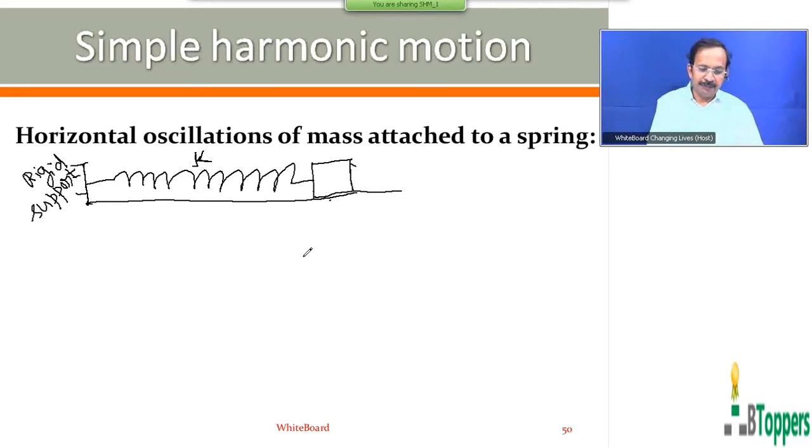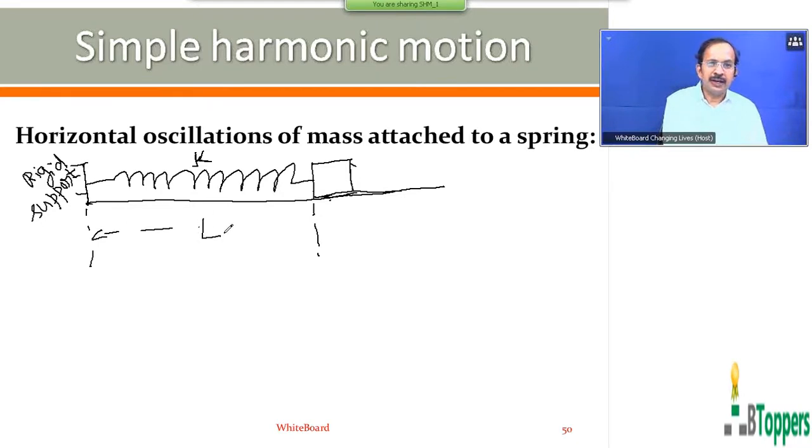So let us consider a block of mass m resting on a smooth horizontal floor, connected to one end of an elastic ideal spring of force constant K. Initially the spring is unstretched, that means neither stretched nor compressed. Then no elastic force is exerted by the spring on the block.